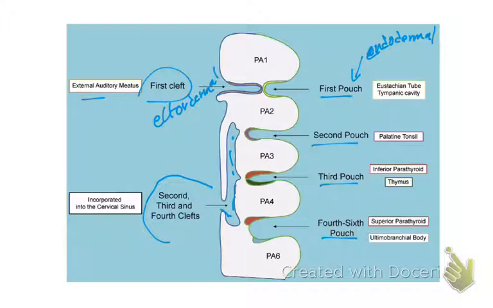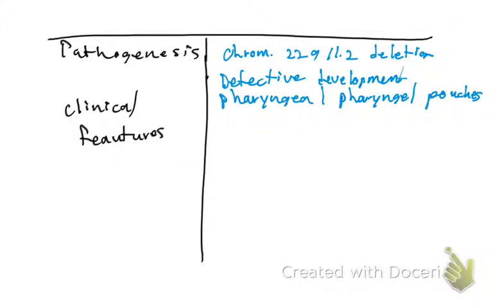But in this lesson we were talking about DiGeorge syndrome, which has a defective development in the pharyngeal pouches. So those pouches will fail. Now I think we can see the clinical features of the patient that has DiGeorge syndrome.